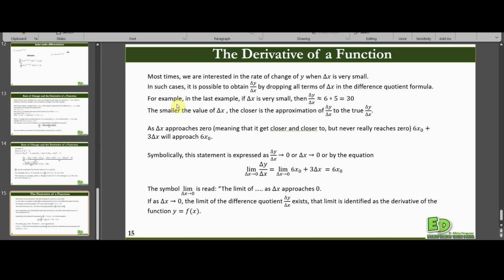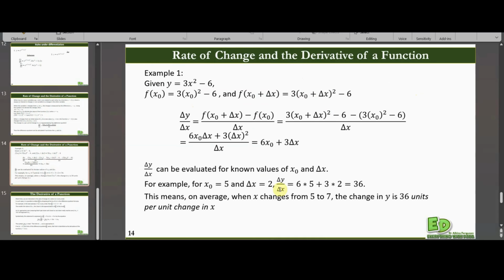For the last time, we'll look at this. For example, in the last example that we did, if the change in x is very small, then the change in y over change in x is approximately 6 by 30. If we had the initial value of x to be 5, and the change in x is very small, it could be 0.